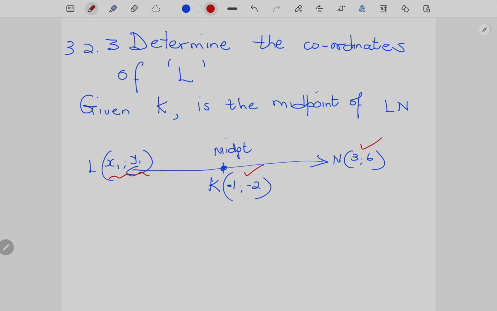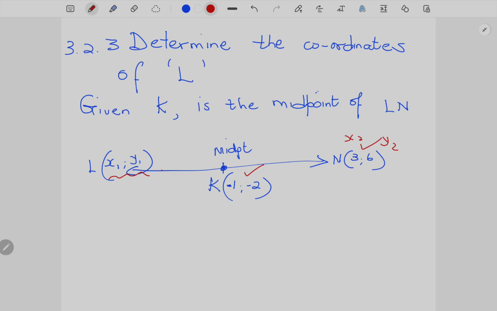So if we are starting with LN, the coordinates of L are represented by x1 and y1. Then the coordinates of N are represented by x2 and y2. In fact, we can do it either way, the answer at the end is going to be the same.